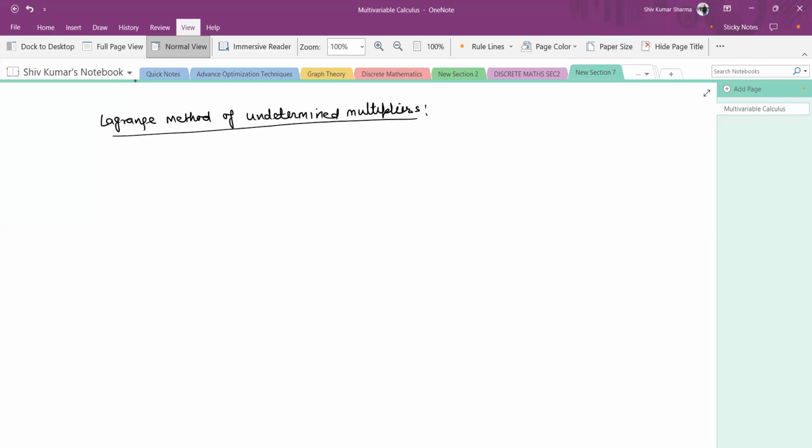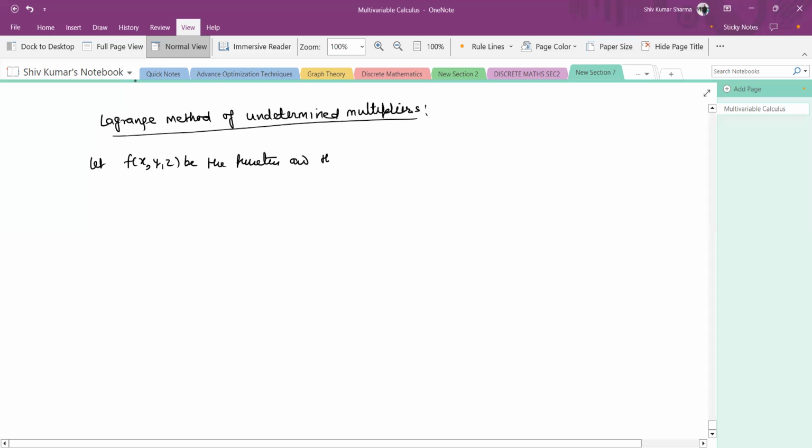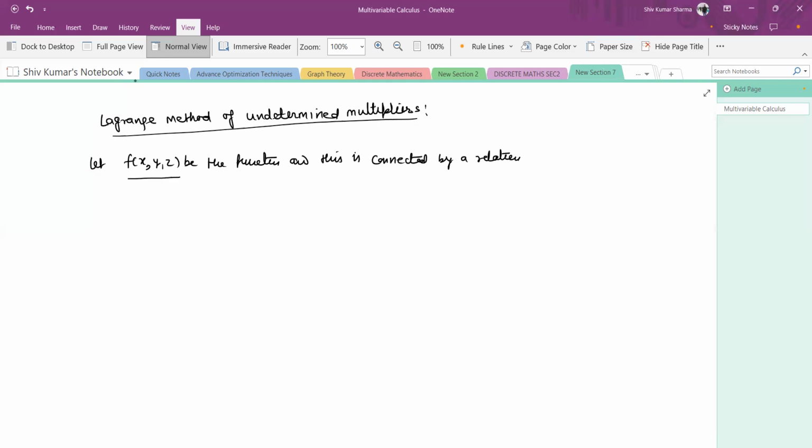So we have the function. We consider that f(x, y, z) is the function, and this is connected by a relation. तो ये ध्यान रखना होगा कि this function, this is our basic function f(x, y, z), connected by a relation to the function phi(x, y, z) is equal to 0.